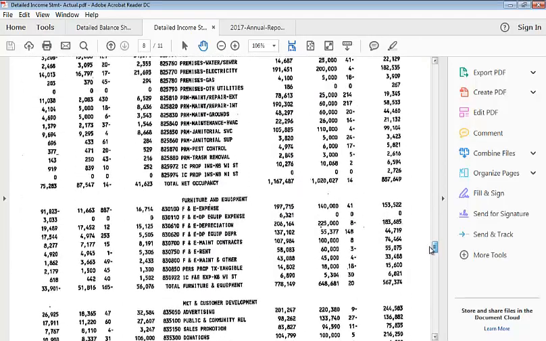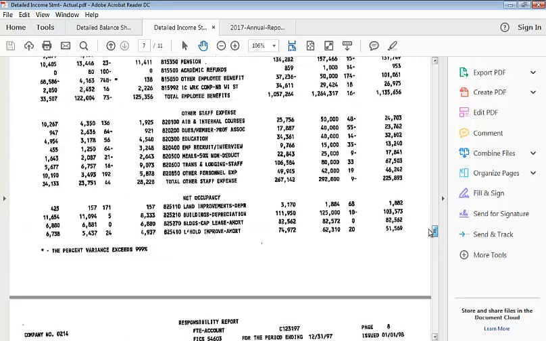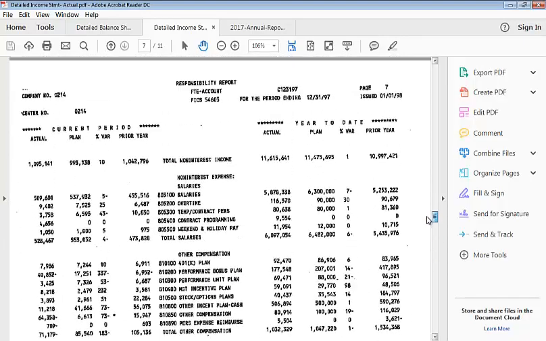And so if we look at their expenses, okay, 7 pages before I get to their expenses. But what we have here is salaries, overtime, temporary and contract personnel, weekend holiday pay, other compensation, 401k plan, bonus plans, all these different line items.